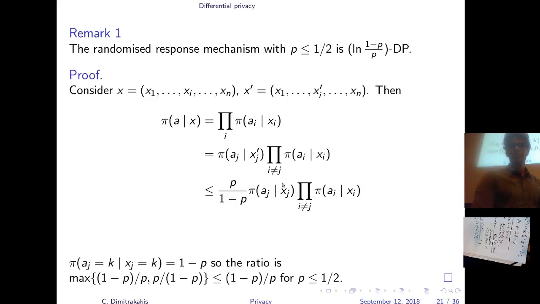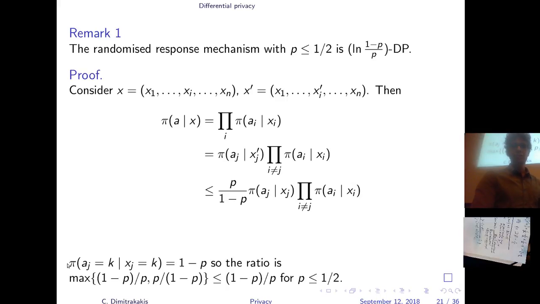Yeah. Now, we have basically said that the probability of seeing the same data, right, as if xj and xj' are different, right, then has to be p. Yeah? And if you do the same calculation for the other guy, you will see that the ratio is p over 1 minus p.